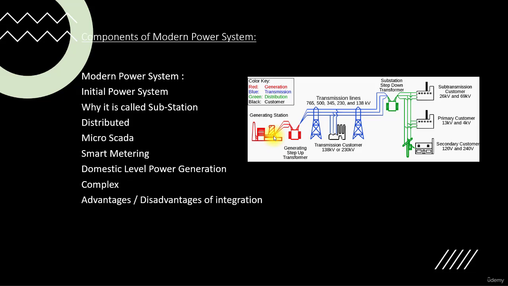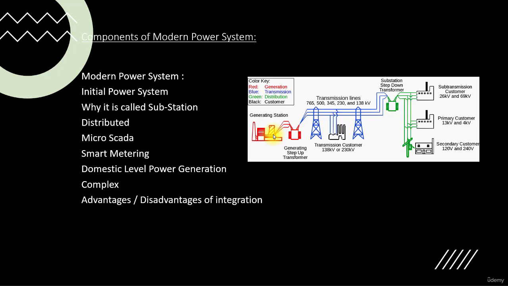Normally these power plants are situated near to where the fossil fuel or energy source is available. For example, the coal power plant you will find near the coal mines. It's ideal to install the coal power plant near the mine, and then power can be generated and transmitted to the load centers.